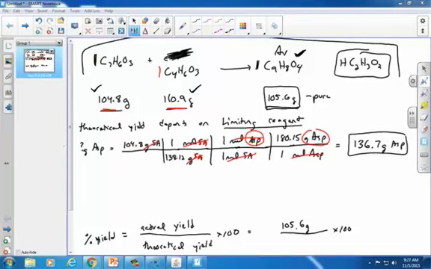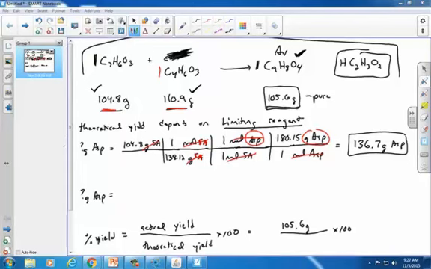If I only have a little bit of it, I might run out first, and that would limit me to making only a little bit of aspirin. Maybe this isn't the theoretical maximum, because if I run out of the other reactant early on, I won't ever be able to make that much. So I need another calculation.